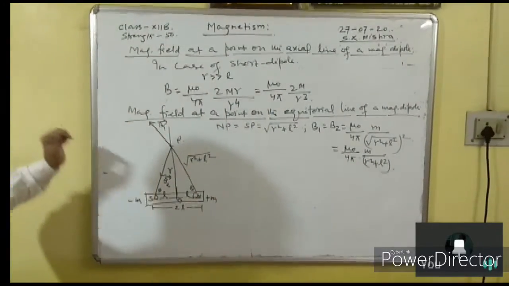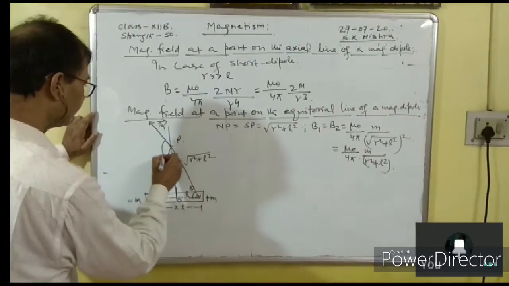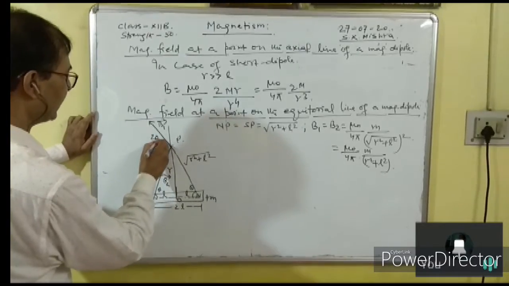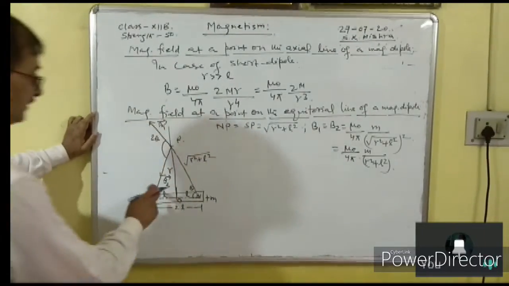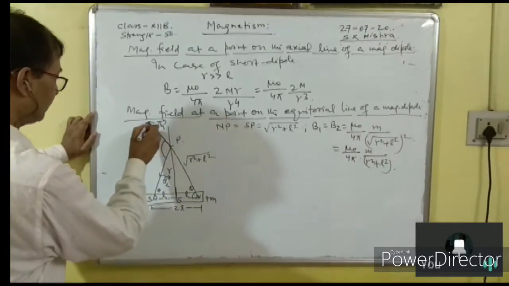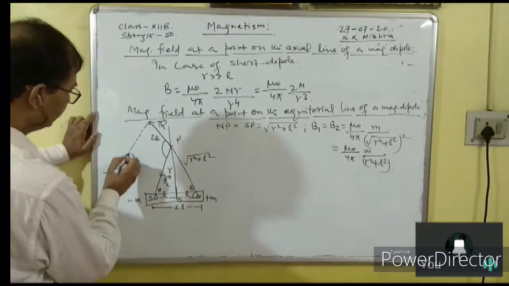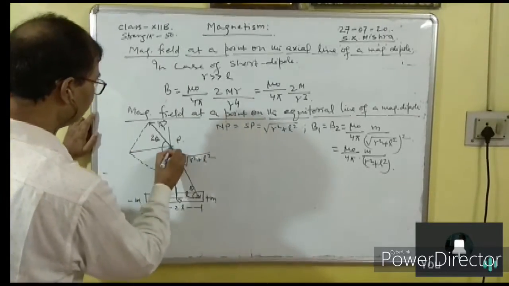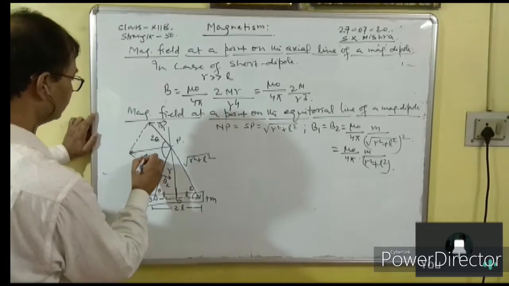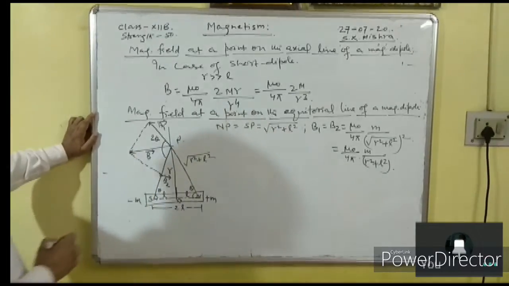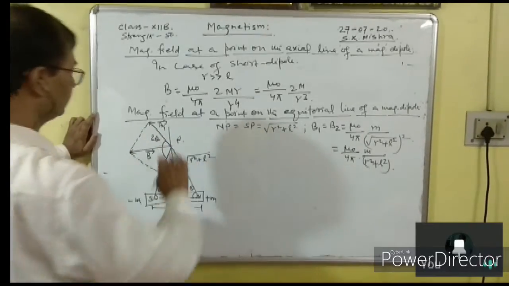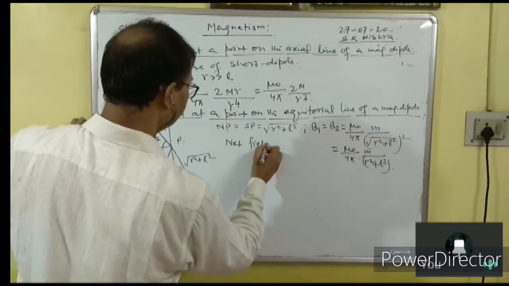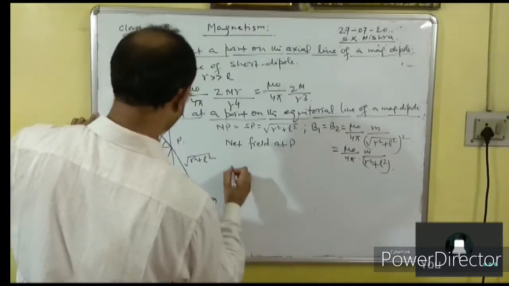In a similar way, you can find this distance. It will be the same, because if this angle is theta, this will also be theta, because these two sides are equal. So NP is equal to SP is equal to under root R square plus L square. Okay. So if the two sides are equal, then angles opposite to those sides should also be equal. So these two angles should also be equal.